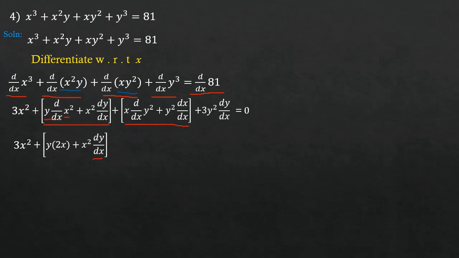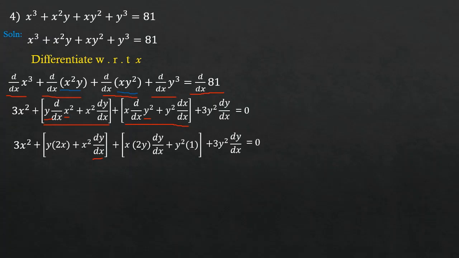Similarly in the next bracket, the derivative of y square is 2y into dy by dx. So x was as it is there, and y square we write as it is, and the derivative of x with respect to x is 1, plus 3y square dy by dx is equal to 0.